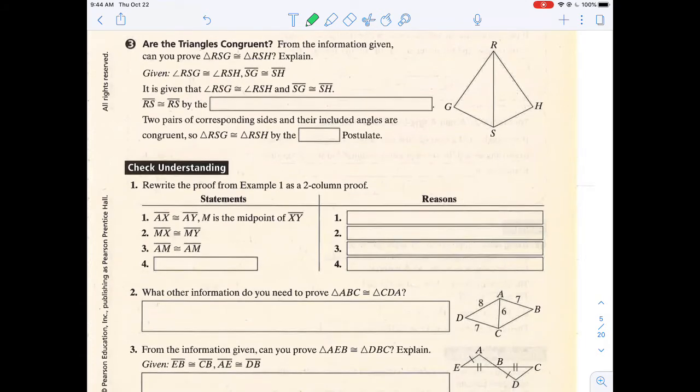All right, let's look at number 3. Are the triangles congruent? From the given information, can you prove triangle RSG is congruent to triangle RSH? Given that angle RSG is congruent to angle RSH, so this angle and this angle are congruent, and side SG and side SH are congruent, and we know that RS is congruent to RS by the reflexive property of congruence.